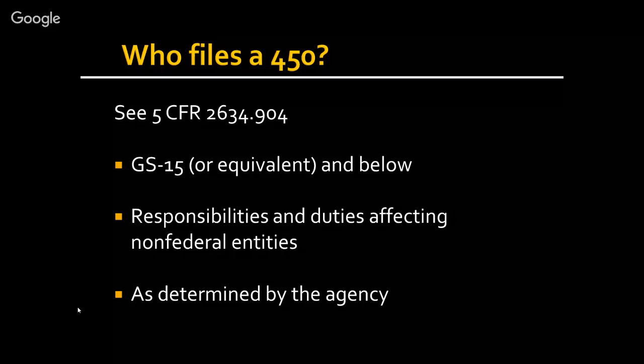And each agency is responsible for determining who their 450 filers are. They are not determined by statute or regulation. Each agency makes a determination about which of their employees fall within the ambit of a 450 filer.